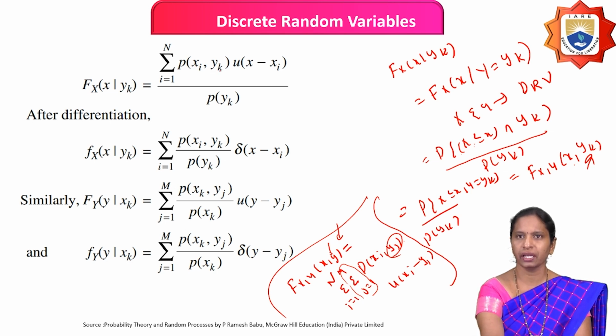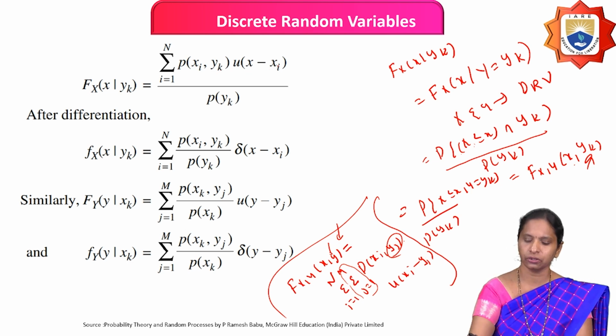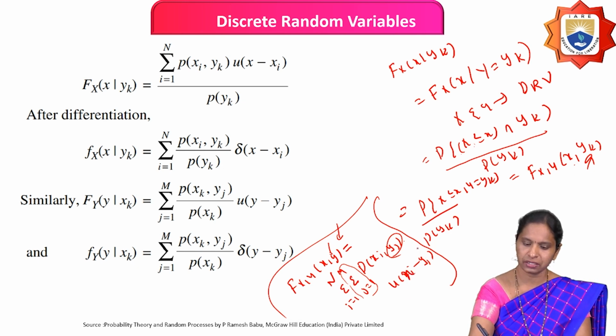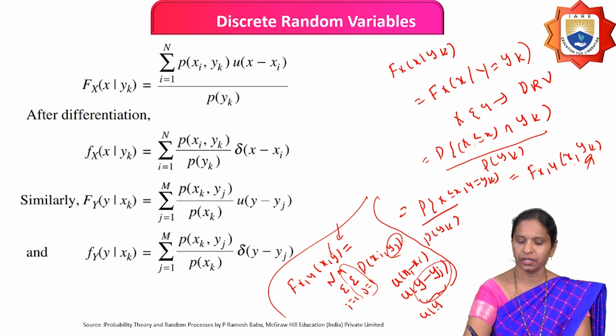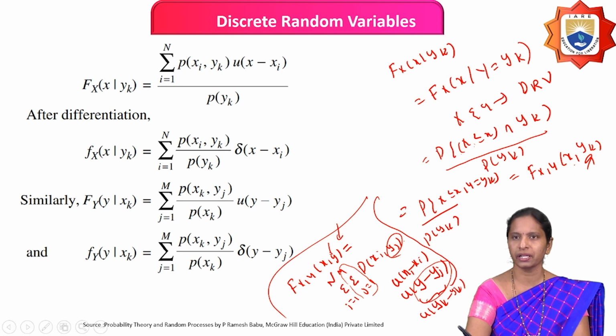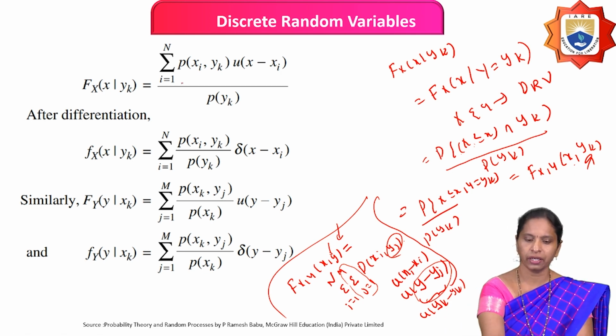P(xi, yk) times u(x minus xi) times u(y minus yj). But here the random variable Y takes a single, specific value. Therefore, in place of this, what do I get? u(yk minus yk), which is u(0). What is that value? 1. Therefore, what can I write here?